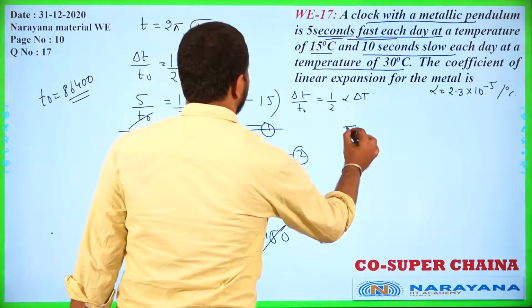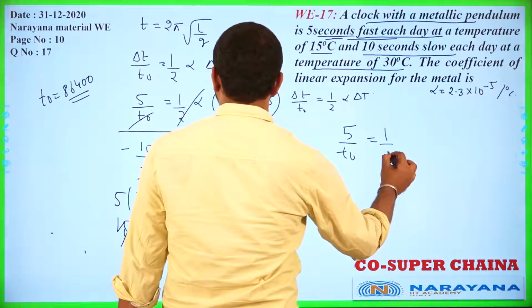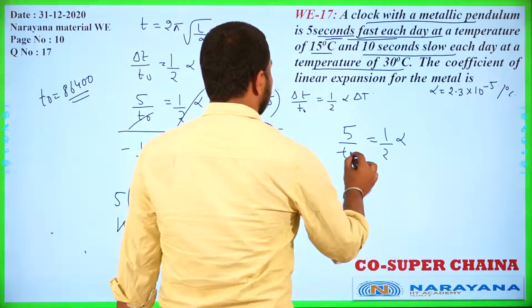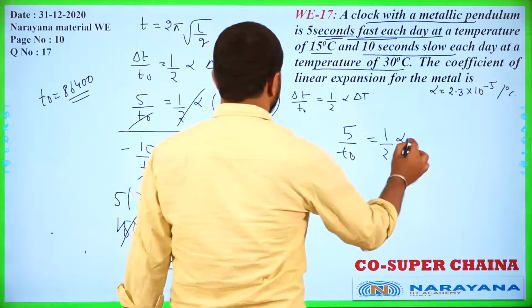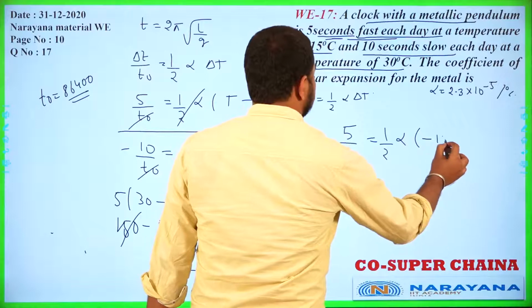In any equation we can take 5 by T naught is equals to half alpha. T naught we can substitute here 86400, half alpha into this will be minus 15.